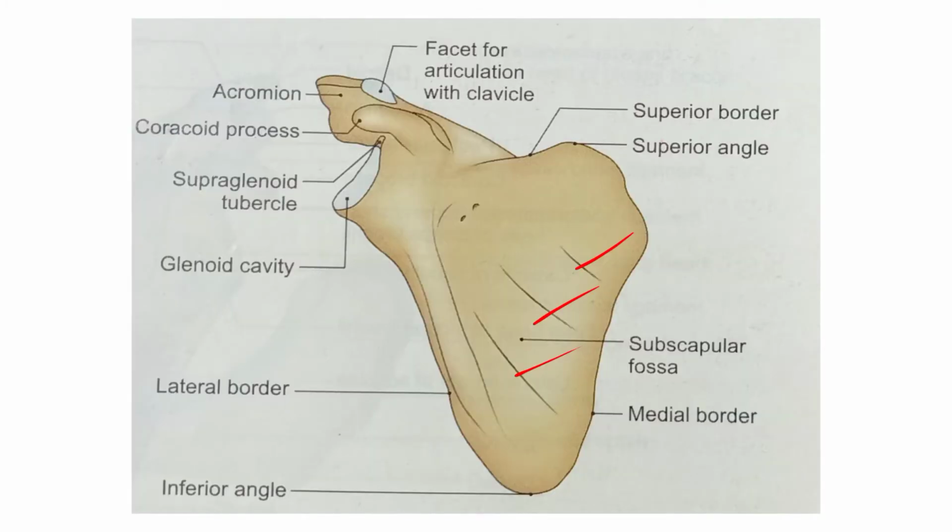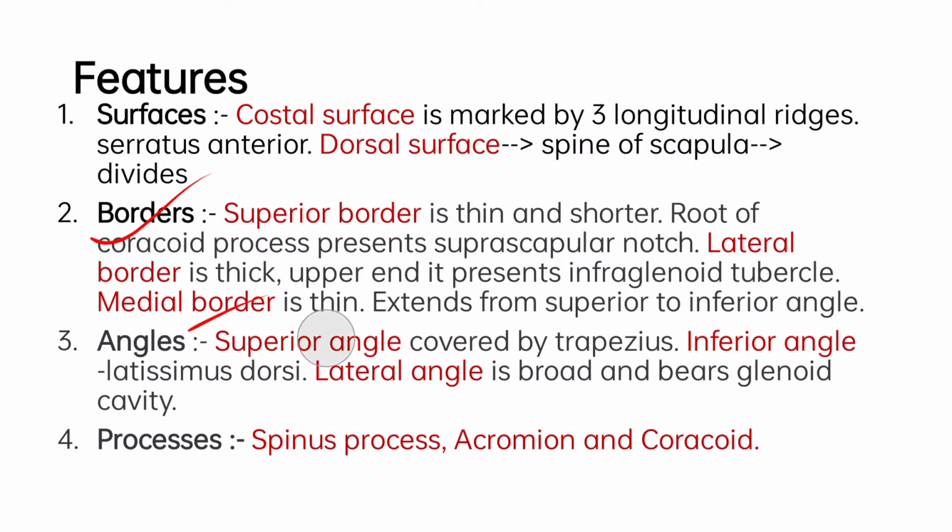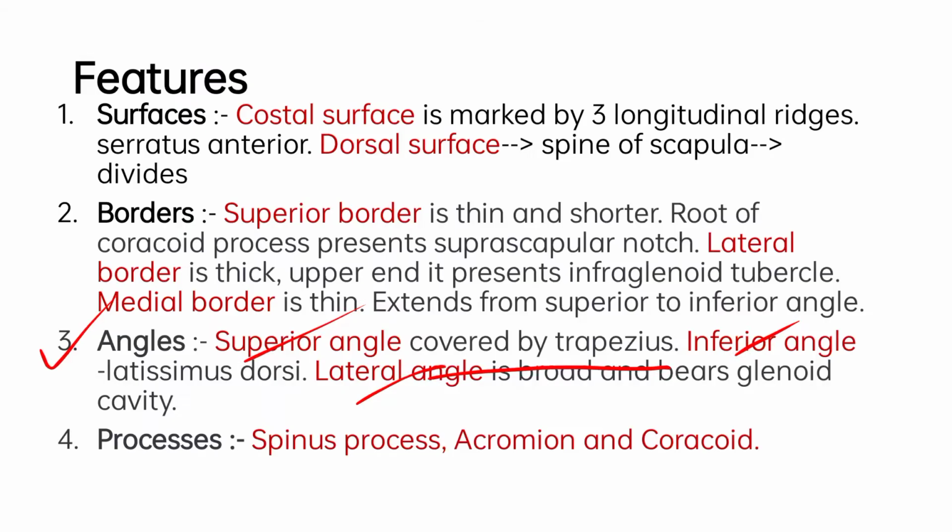Alright. Moving further to the angles. Angles: superior angle, lateral angle, inferior angle. Superior angle is covered by trapezius muscle. This is the superior angle which gets covered by trapezius muscle. Then inferior angle.